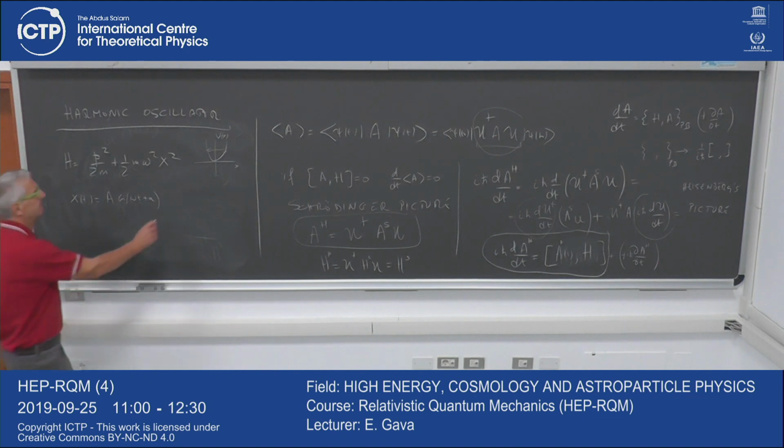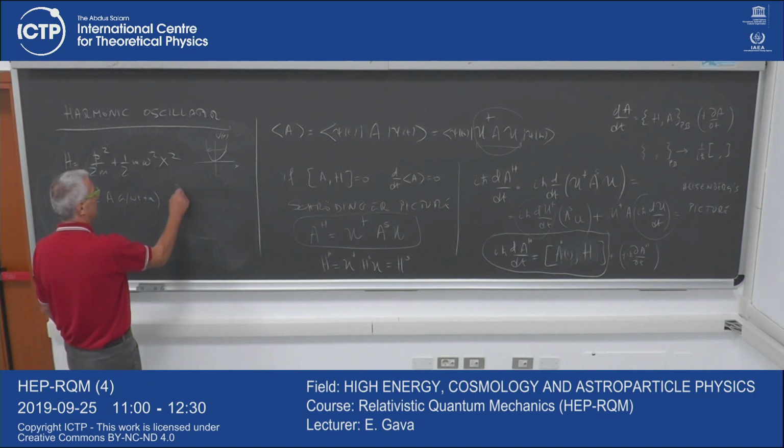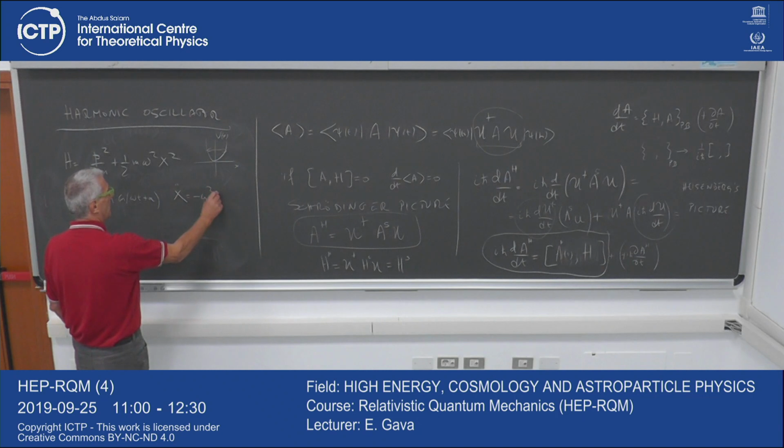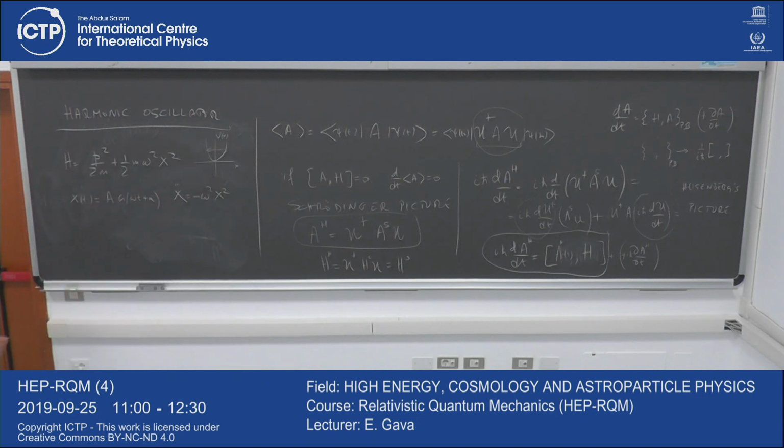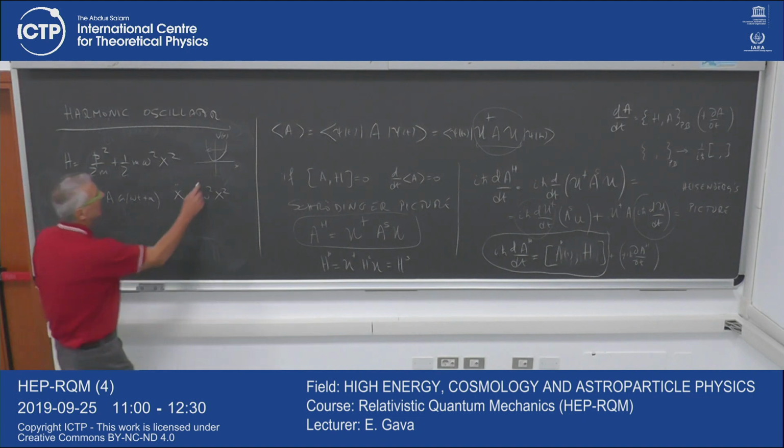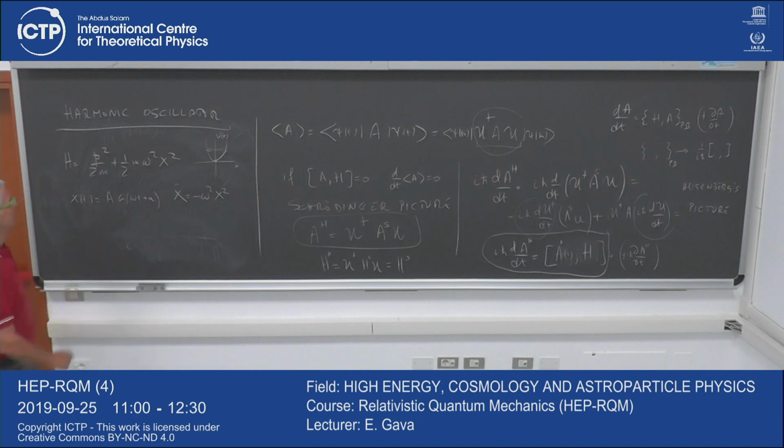X double dot is minus omega squared x, right? Then you solve this. So there is this oscillatory behavior. There are two integration constants because it's a second order differential equation. You have two initial conditions to specify, right?